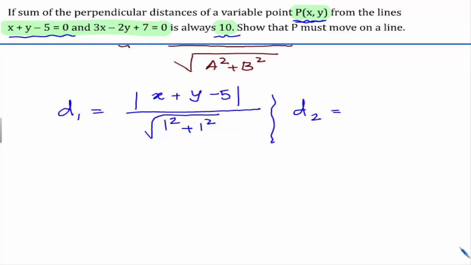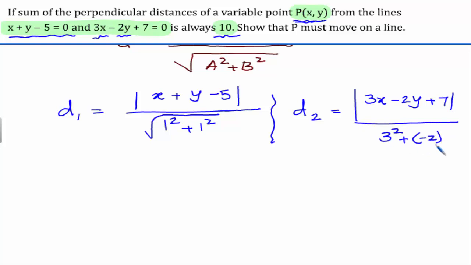This is 3x minus 2y, because here the coefficients are 3 and minus 2, plus 7, by square root of 3 square plus minus 2 whole square.